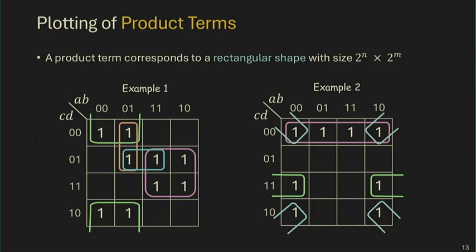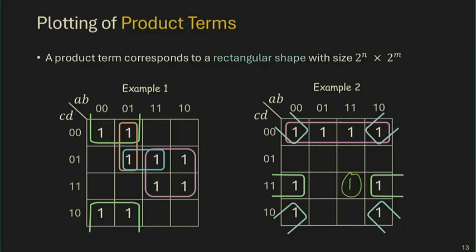Yes. 2 to the n times 2 to the n includes 2 to the 0 times 2 to the 0, so including a single minterm. If, let's say, you have a one over here, this is a valid product term. It's not the biggest.